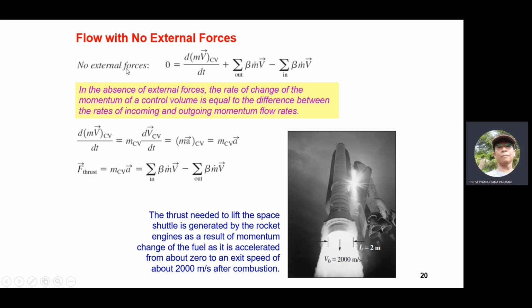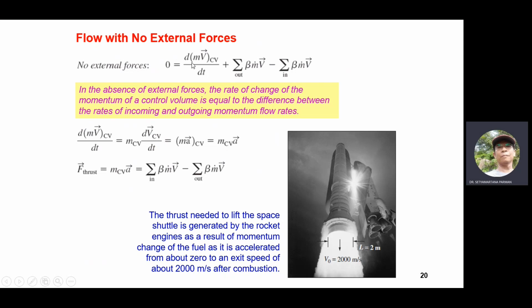Okay, if we see the flow with no external force, it means the resultant of the force equals 0, and we have a similar expression to the previous page.